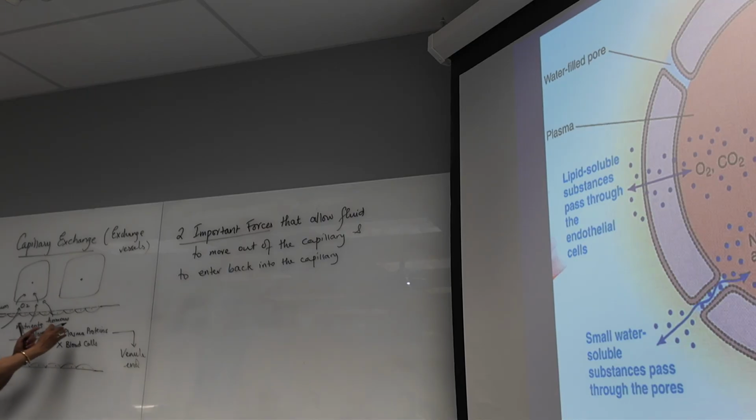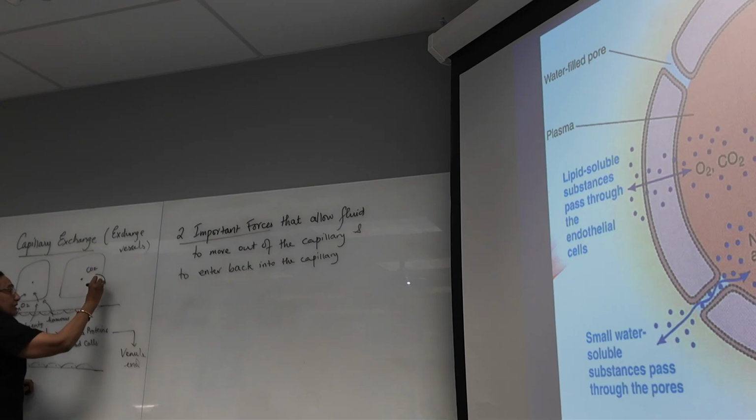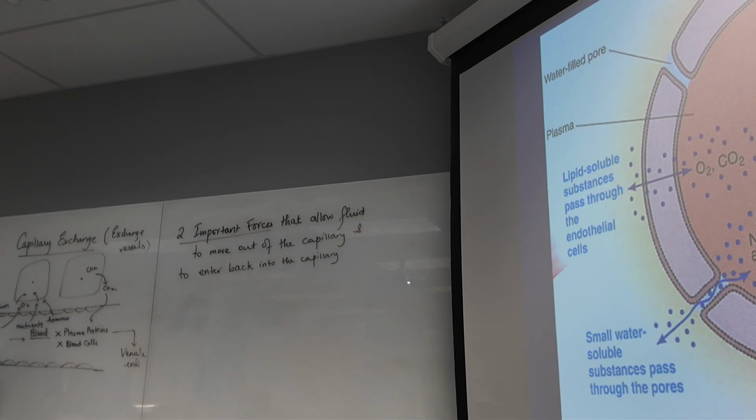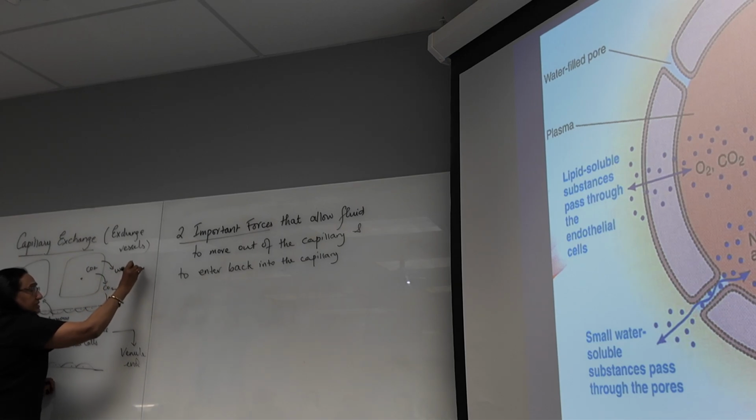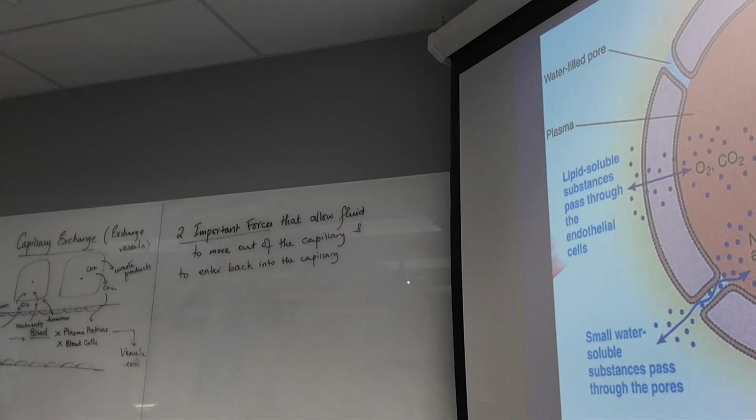And then as blood is leaving the capillary, what needs to come back into the blood? All the waste products. The cell makes carbon dioxide. This carbon dioxide has to come out and enter the blood, because then it will be taken to the lungs and thrown out. The cell also produces waste products, urea, uric acid, all kinds of waste products.